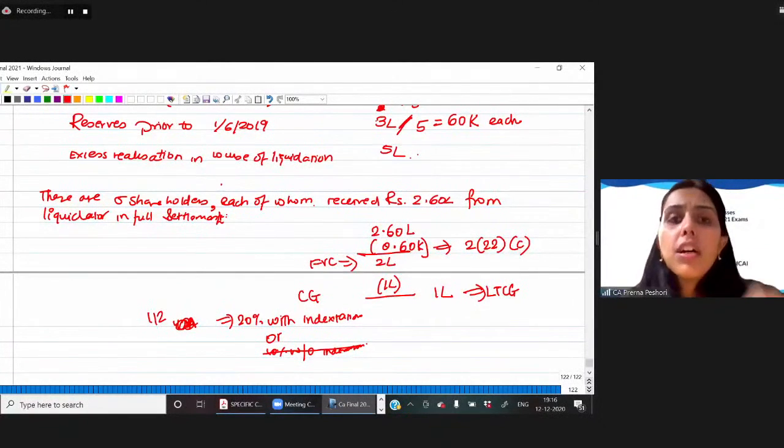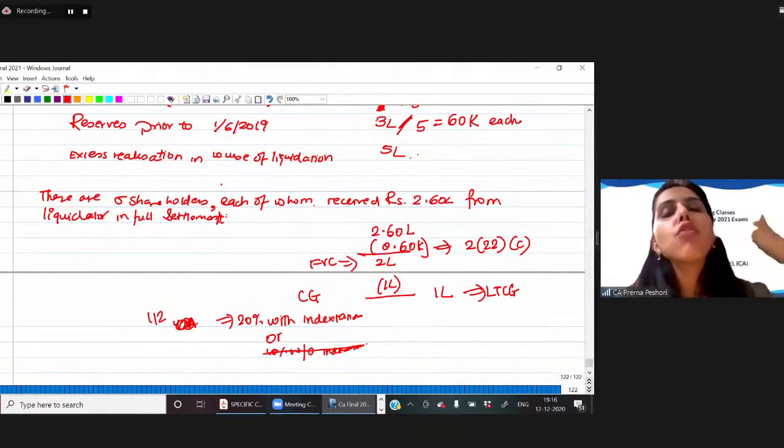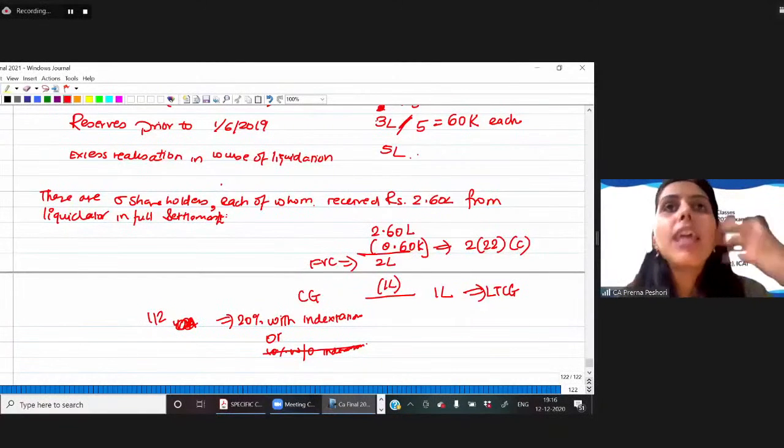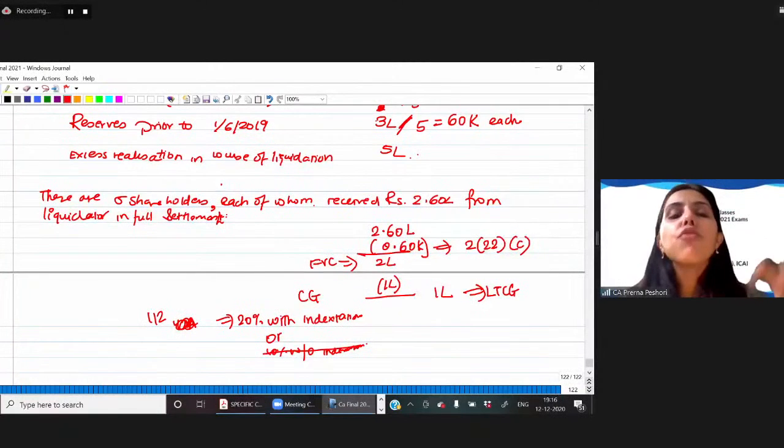So here, if you notice, there is no actual transfer. I'm not actually transferring my shares. It's the shares which are getting relinquished. The company itself is getting liquidated. So it's a deemed case of transfer. So when there is deemed case of transfer, the court said that exemption under 54EC cannot be available. Is it clear?